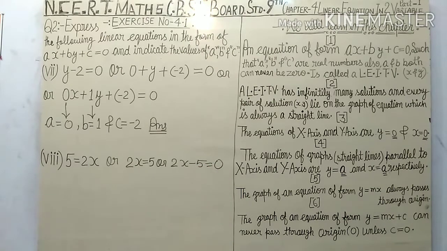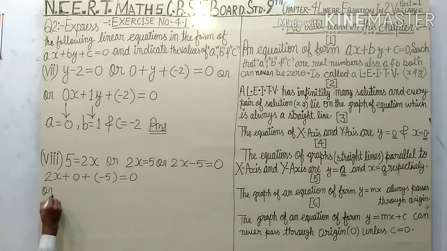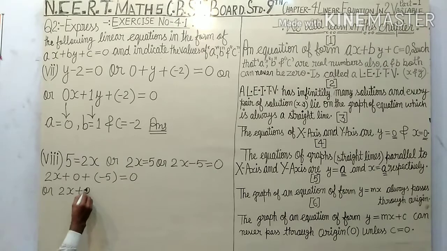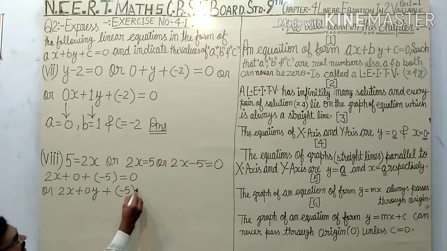Students, this can be rewritten as 2x plus 0y plus minus 5 equals 0. 2 is the coefficient of x, 0 is the coefficient of y, and minus 5 is the constant term of this equation.